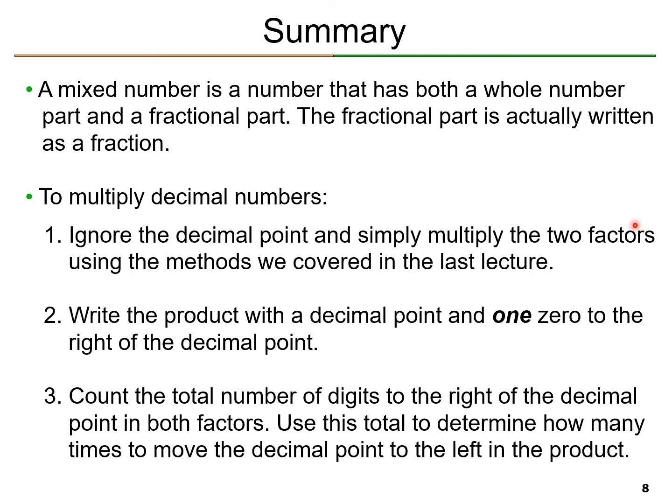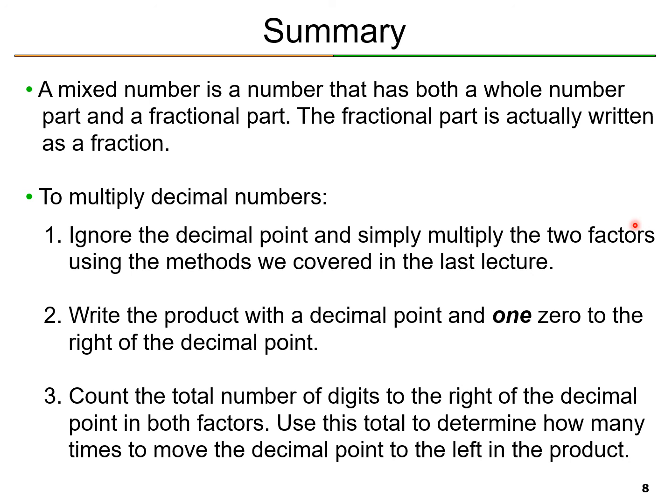In mixed numbers, the fractional part is actually written as a fraction. Now we're going to do more with mixed numbers once we get into fractions a little bit down the road, not too far.